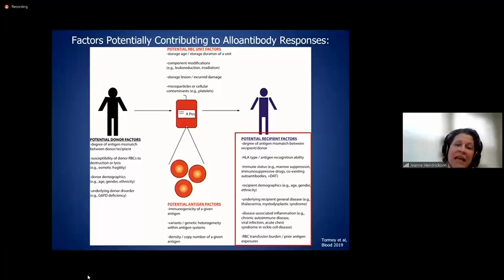There are potential antigen factors. So is a donor unit homozygous, heterozygous for a particular antigen? What's the copy number? And then recipient factors such as inflammation, such as the prior speaker was just speaking of. Is there a danger signal present at the time the recipient sees the antigen?